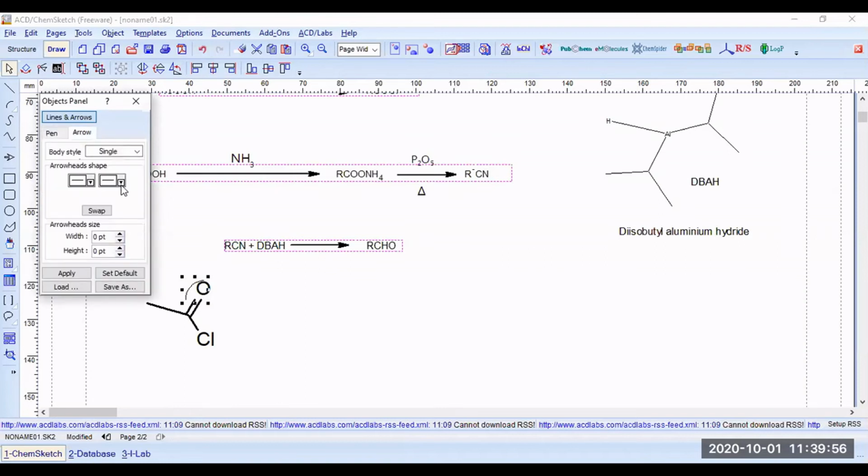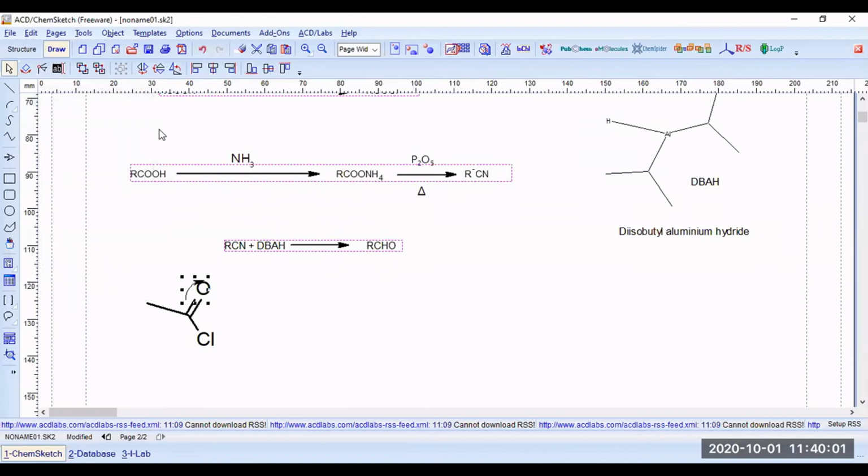We will write it in reverse way. What happens? O minus will form, and again O minus, if it is forming a double bond, means this Cl will leave. That is how the reaction is happening from acid halides.